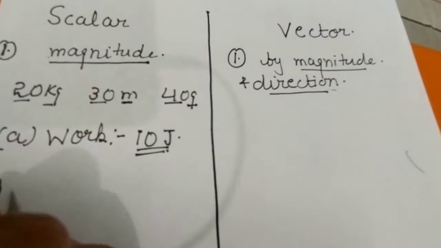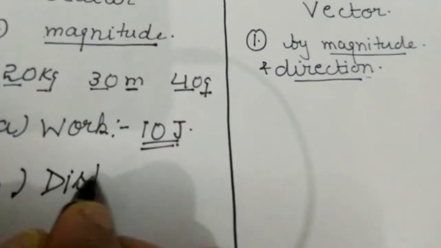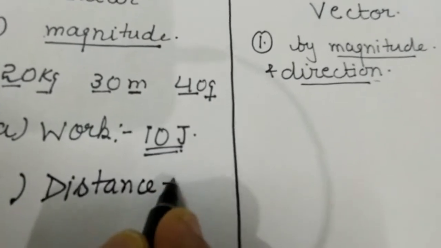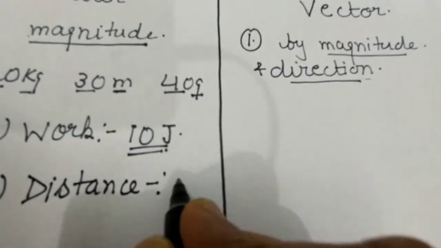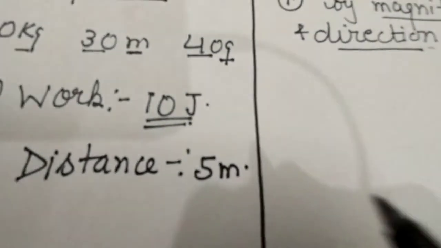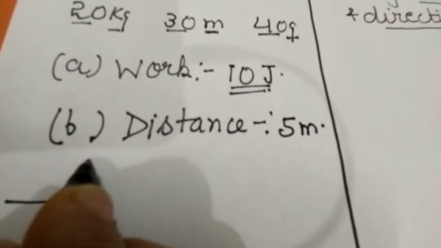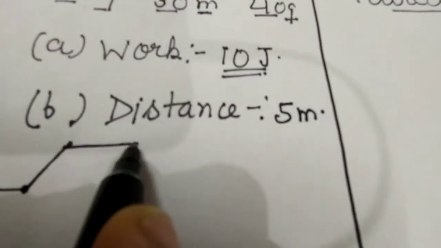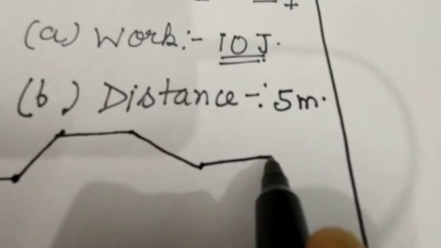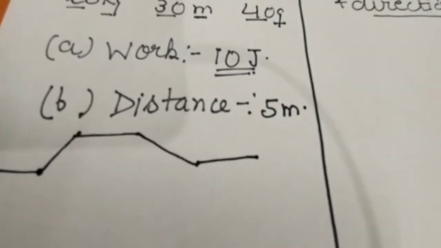Similarly, for the second example, we can take distance. Let us take that 5 meter distance is covered, but there is no particular direction in which distance is covered. It may be any direction, like if a body starts from this point, it can move in this direction, then this direction, then this direction, but there is no specific direction.